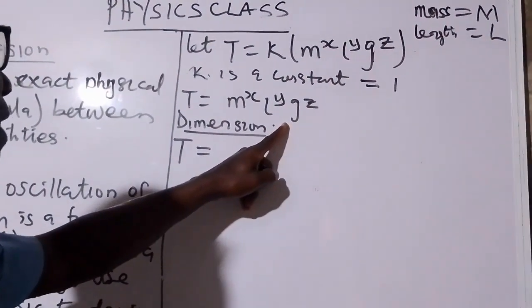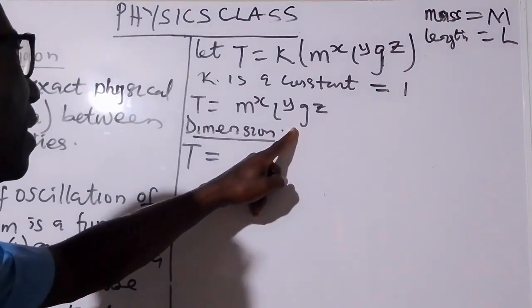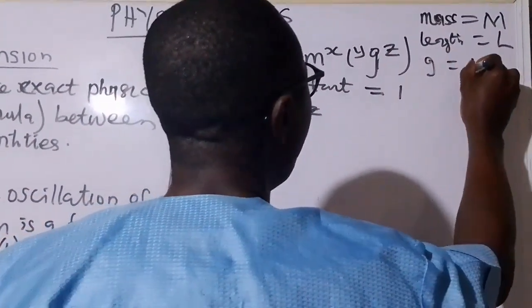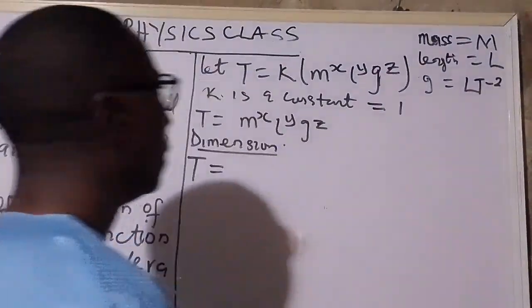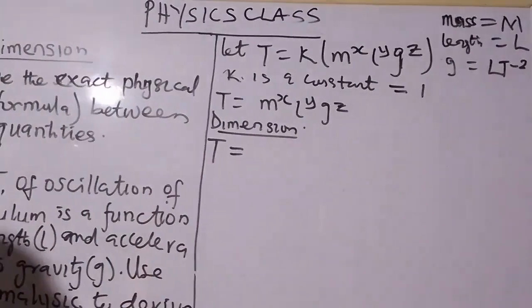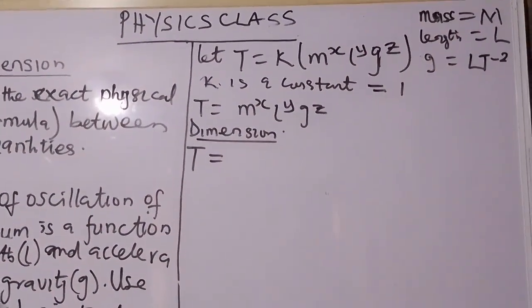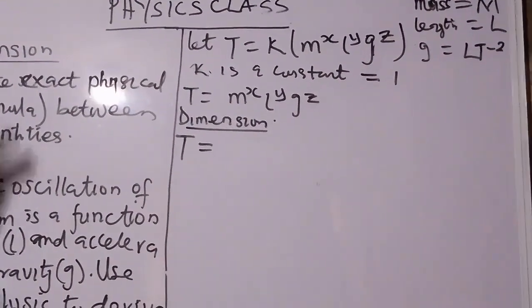The acceleration due to gravity and linear acceleration have the same dimension. So g also will be equal to LT raised to power minus 2. Don't forget we did that during the last lesson. That is under the derived quantities and their dimensions.